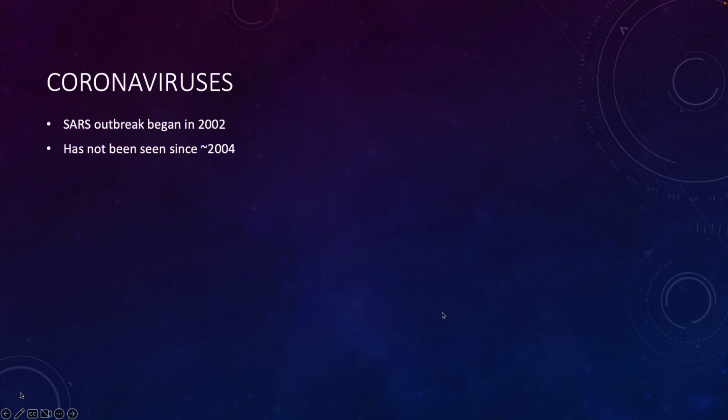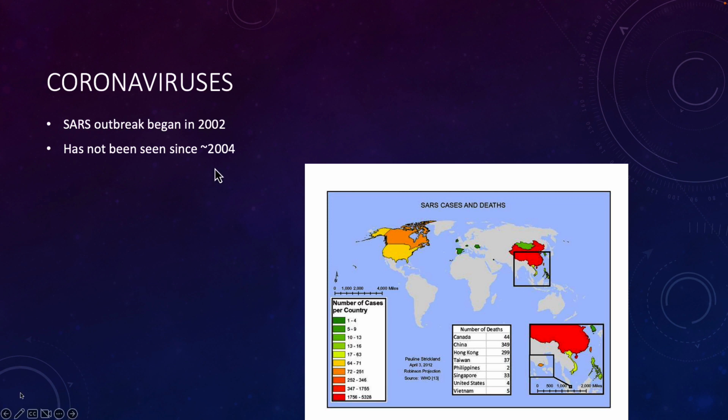Now, one interesting, scary, weird thing about SARS is that the outbreak began in 2002. However, it has not been diagnosed in a patient since 2004. So where did it go? Is it gone? Maybe.